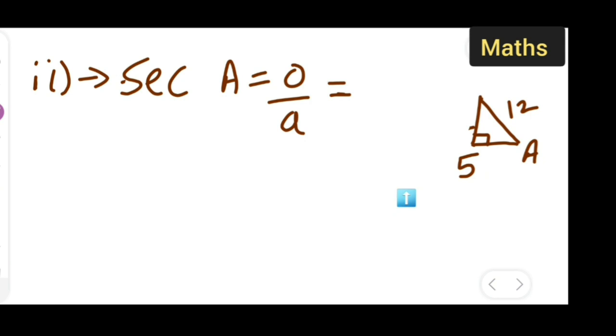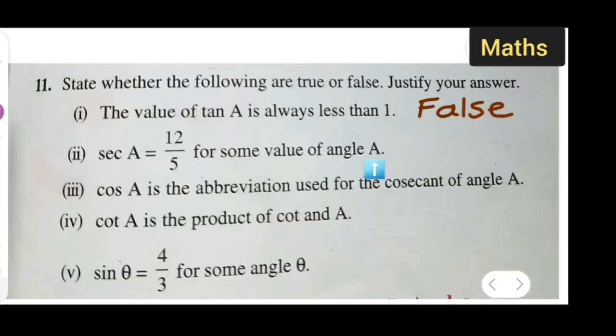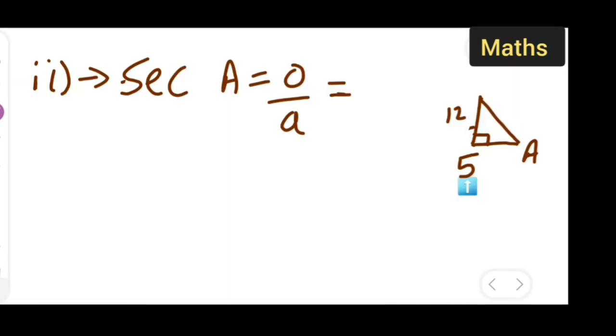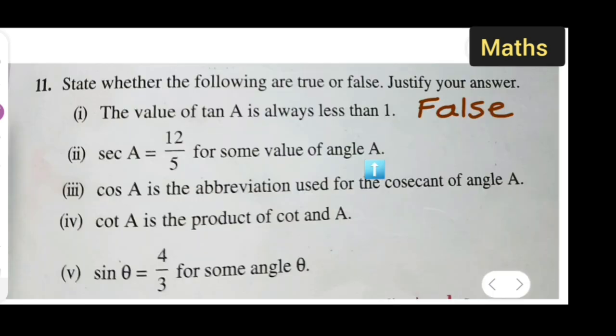Here you can see that this ratio is 12 upon 5, with the hypotenuse obviously being greater than the other side. So this can hold for some angle A. So this will be true.